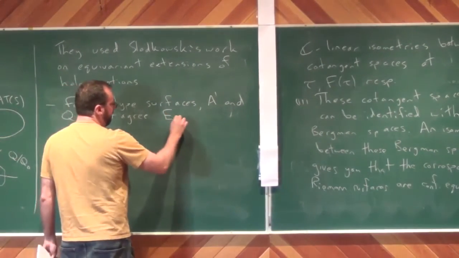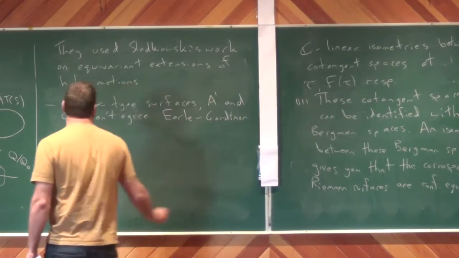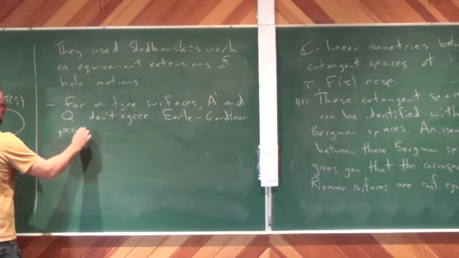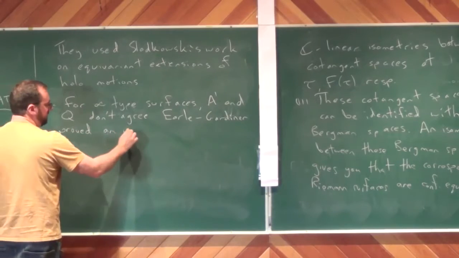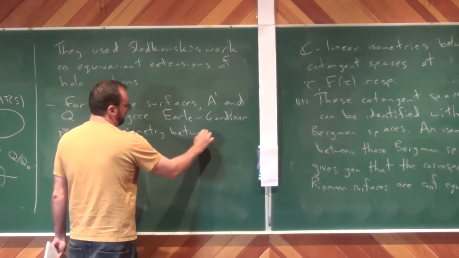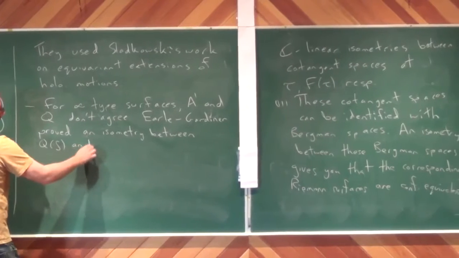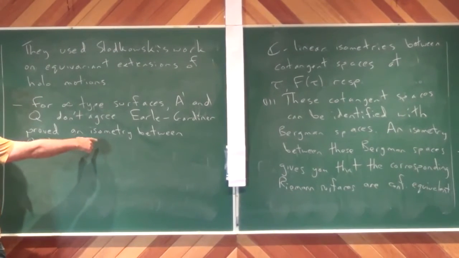So Earle and Gardiner proved that all the isometries, by the way, are complex linear.